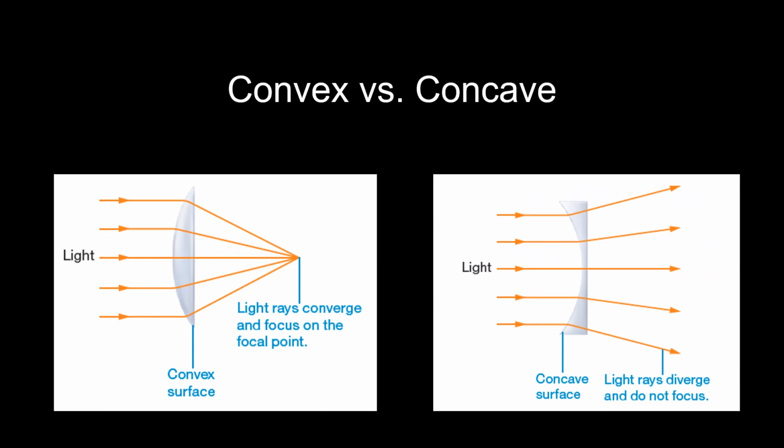And then you have convex versus concave. You see this is curved outward for convex and then curved inward for concave. And so this would be the example there of an ant being burned by a magnifying glass. This poor ant was just going about its day, and then we all just burned it up. Everybody was a kid once.